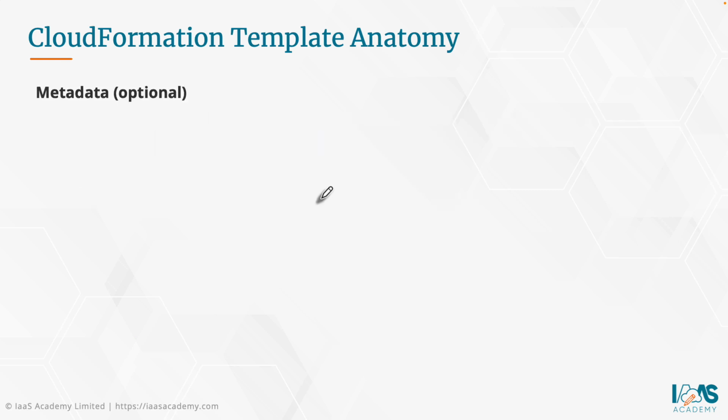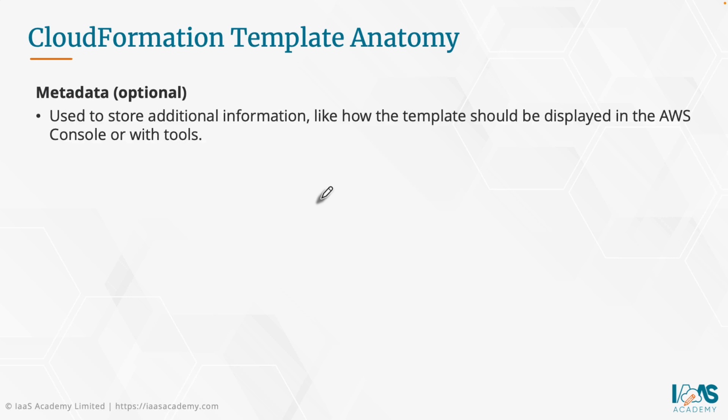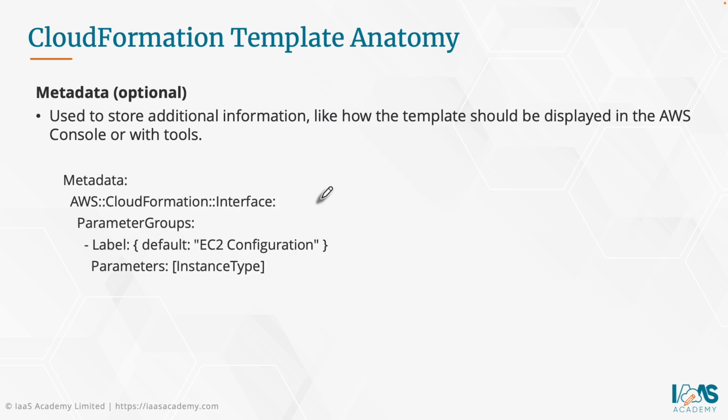And then we have metadata. Metadata is another optional component for your CloudFormation template and is used to store additional information like how the template should be displayed in the AWS console or with tools. So here is an example of metadata where we are basically describing how the information should be displayed.